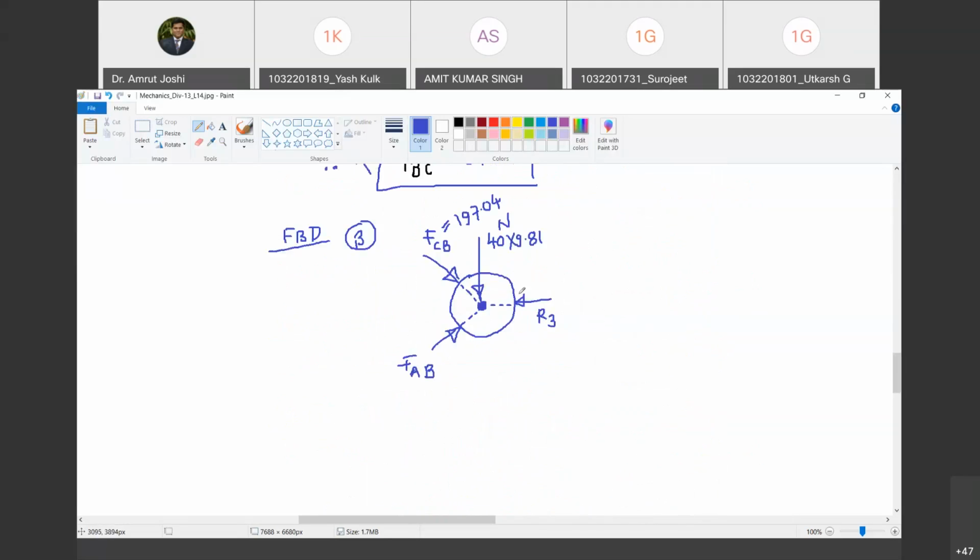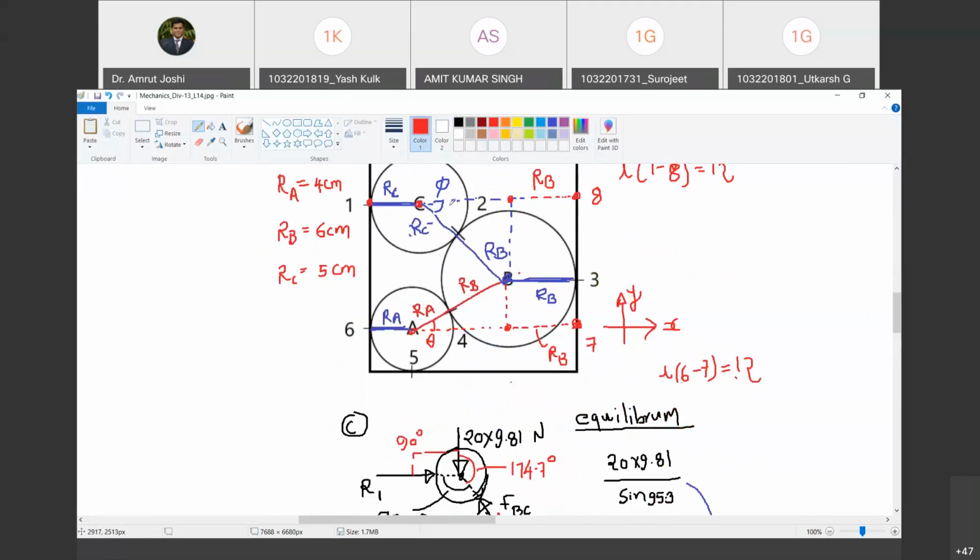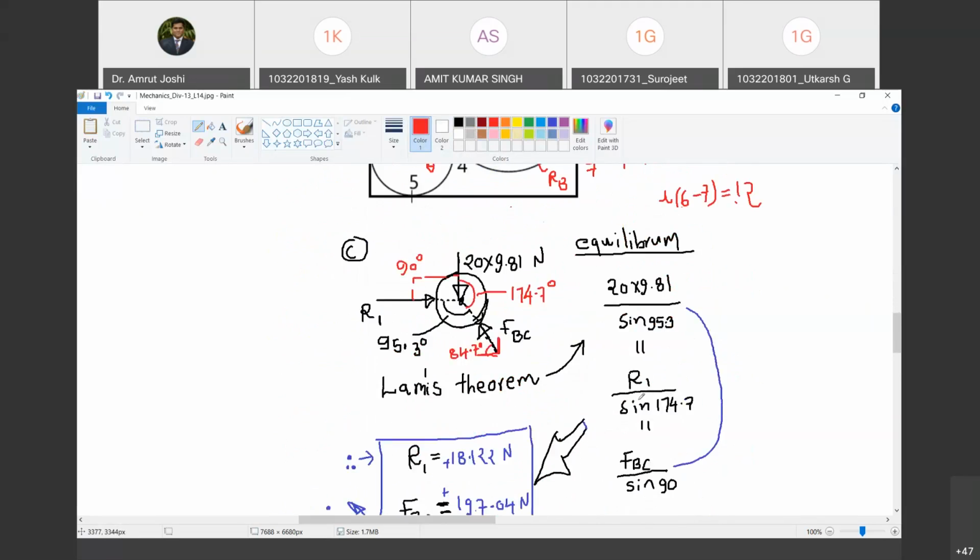So now, can we apply Lami's theorem to this free body diagram? Tell me. No, sir. No, because there are four forces which keep the body in equilibrium. So we cannot apply Lami's theorem. So what do we do next? We will apply summation Fx equal to 0 and summation Fy equal to 0. Are you with me? Yes. So what is the angle made by FCB with reference to horizontal? 84.7 degrees.